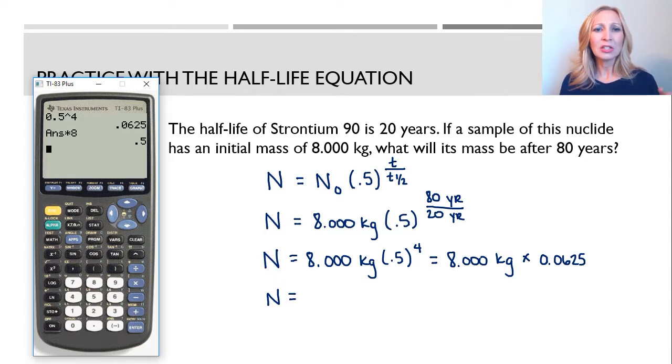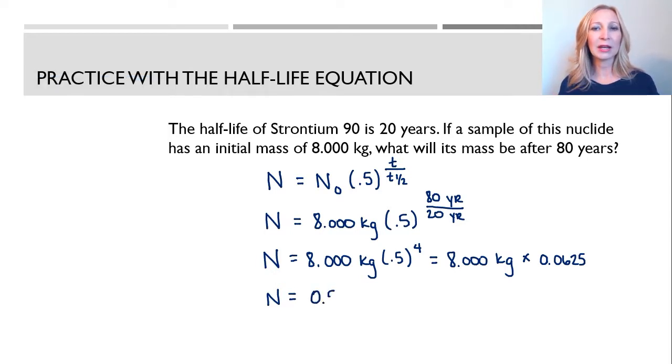And I'm going to put 2 significant figures on this just because I'm going to assume that my 20 and 80 both had 2 significant figures. So 0.5 kilograms of strontium-90 would be left after 80 years because it has a half-life of 20 years and I started with 8.000 kilograms.